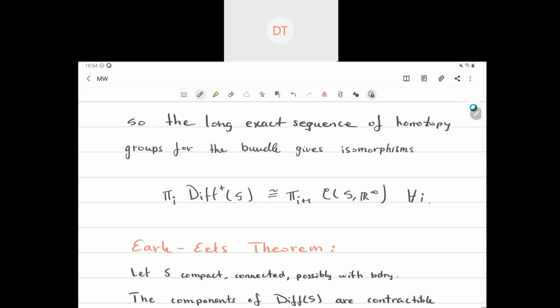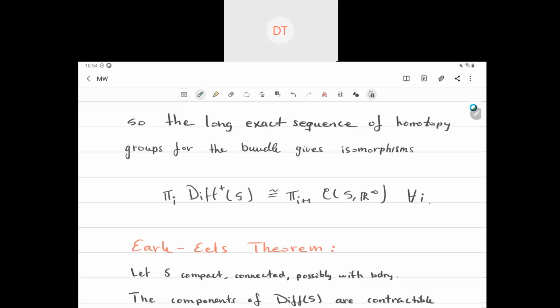Okay, so this was the fiber. And this is an isomorphism given by the long exact sequence. Again, if any of the steps really seems crazy, we should stop and talk about it. But this is what's going on.